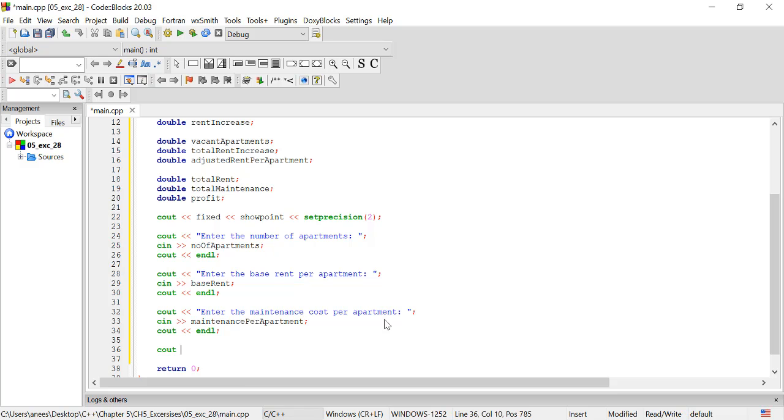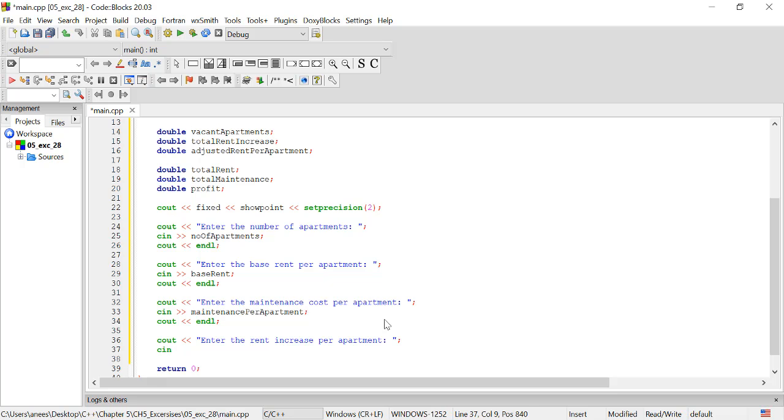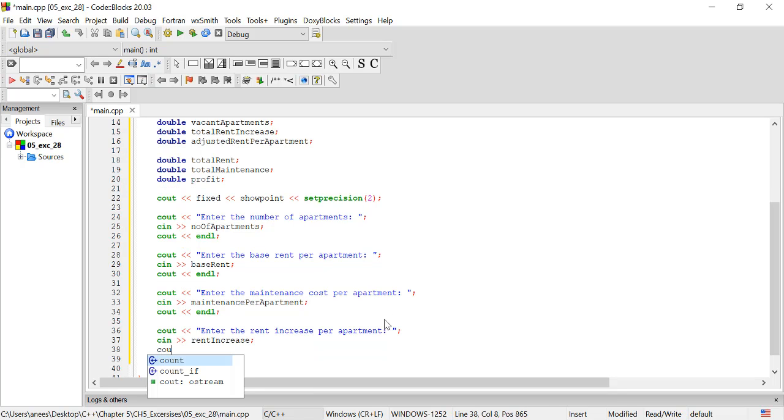And after that, we can finally go on to the last input statement. Enter the rent increase per apartment, cin rent increase, cout endl.